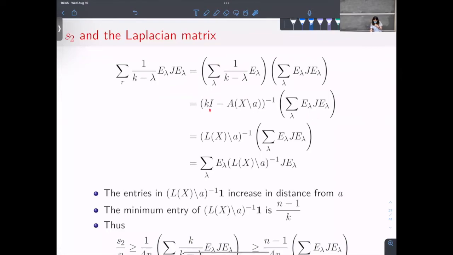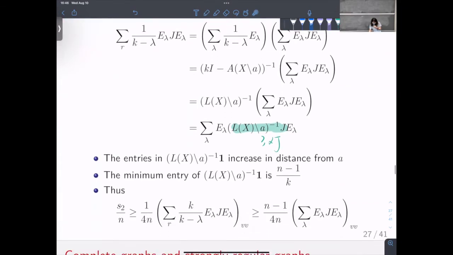But now Ki minus the adjacency matrix will be the Laplacian matrix of my original graph with the marked vertex deleted. And this commutes with all its eigenprojections. So now you can bring it back into the brackets and ask what is the quantity over here. Because if I know the minimum entry of this, then I can write that as something greater. Let's say the minimum entry is alpha, then it will be greater than or equal to alpha times j.